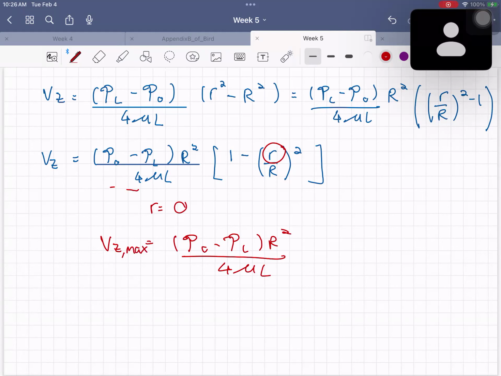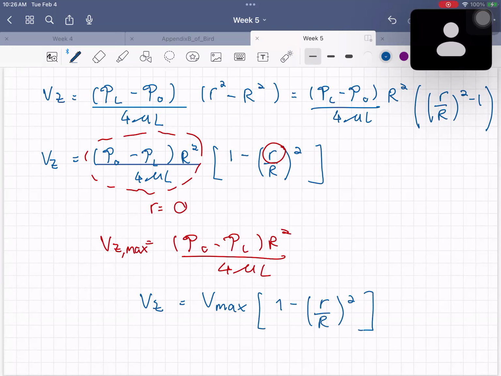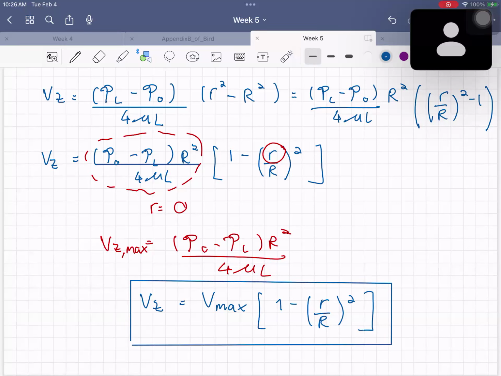Or it's just this term actually, because this term will be equal to 1. So I can write in short that Vz equals Vmax times 1 minus R over R square. All right, that is it for the velocity profile of the flow through a pipe in a vertical direction.